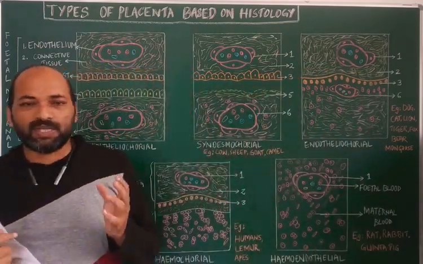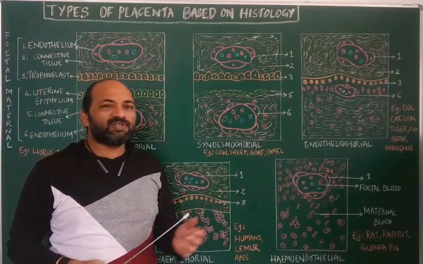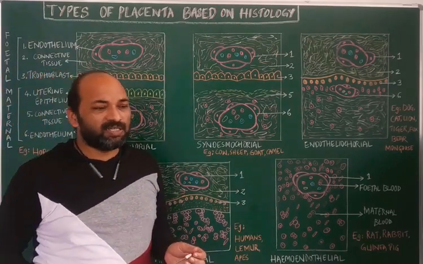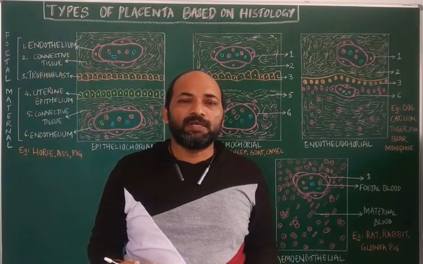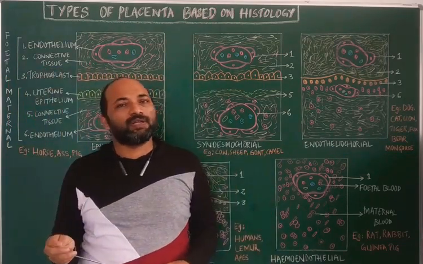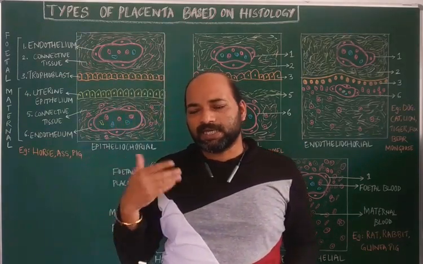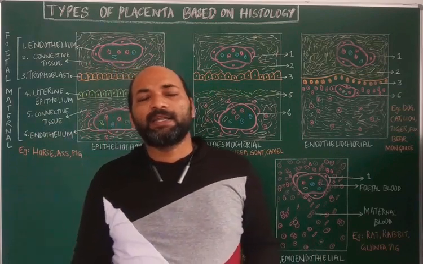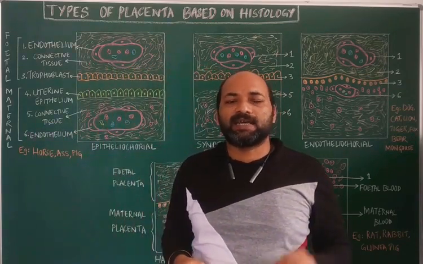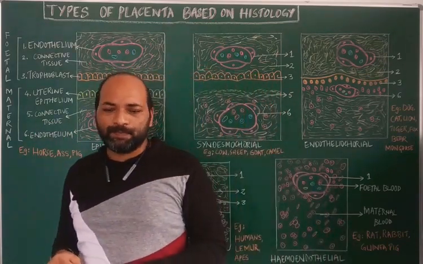The placenta is responsible for various functions, as we have discussed. The placenta is involved in nutrition. It helps in respiration, excretion, and secretion of various hormones, and thereby the placenta acts as an endocrine gland.